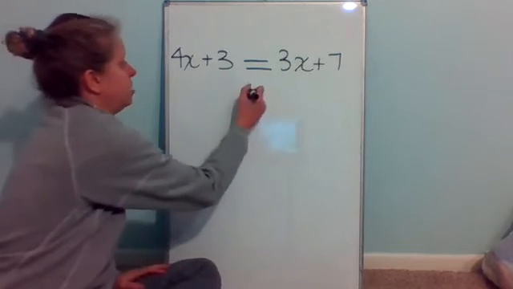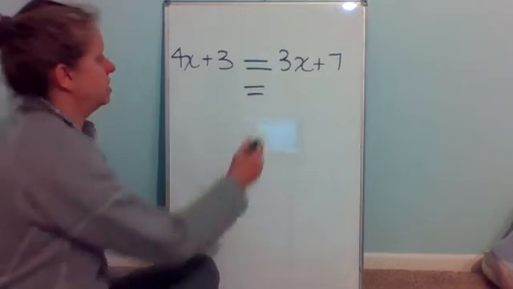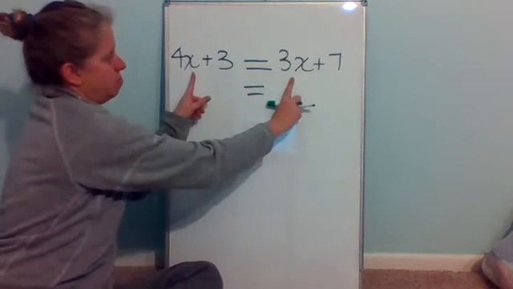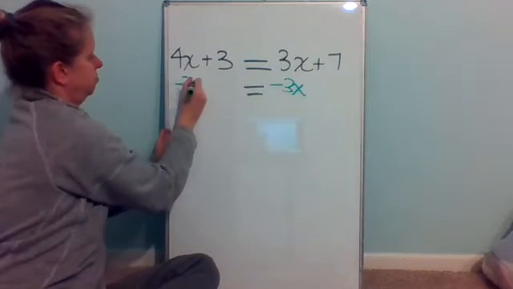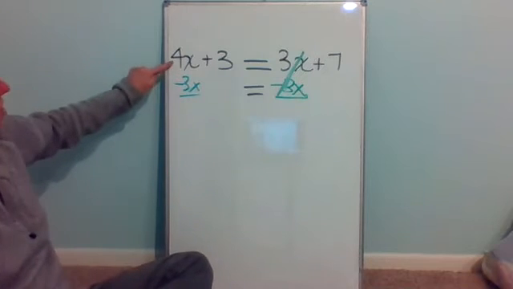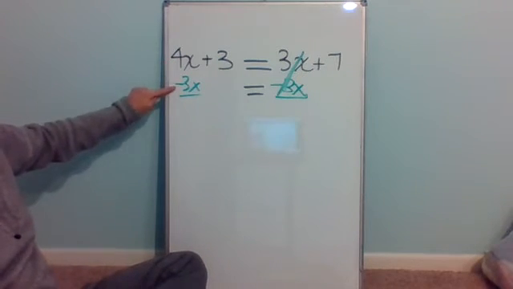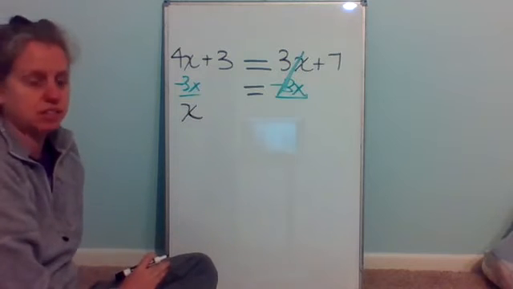So let's see if my equal symbol is here. Getting rid of this 3x since I have x's on both sides. So I'm going to get rid of that. Over on the left, 4x minus 3x just leaves you with 1x.